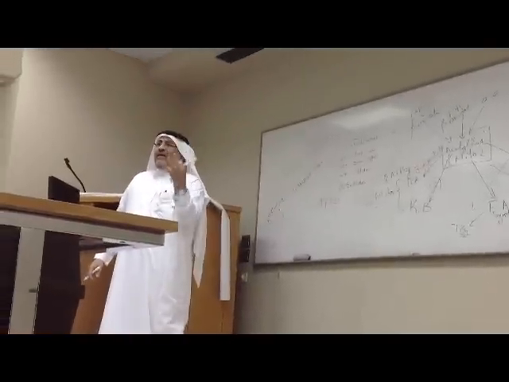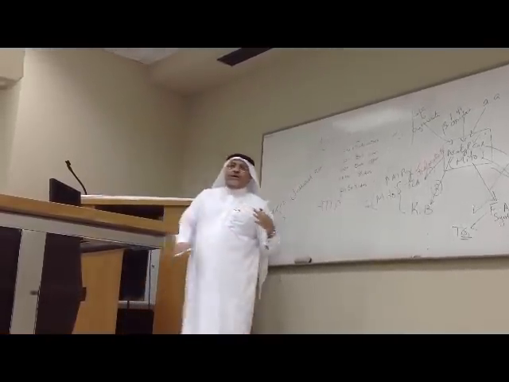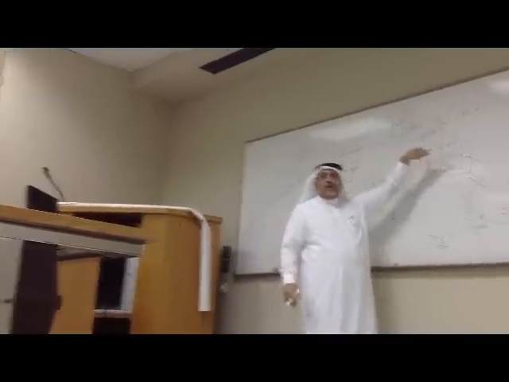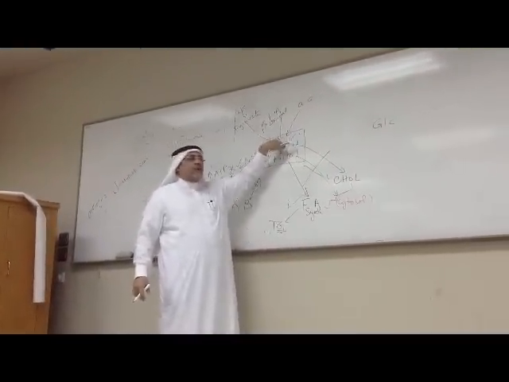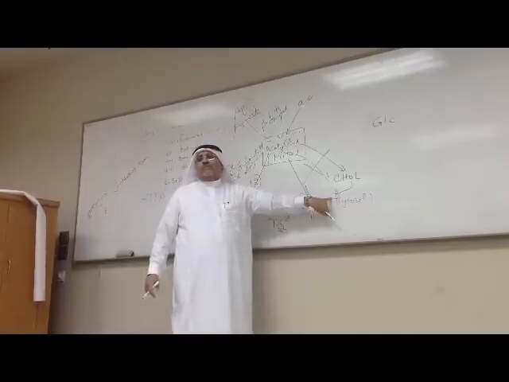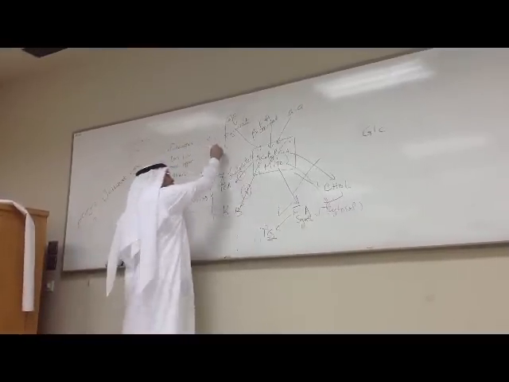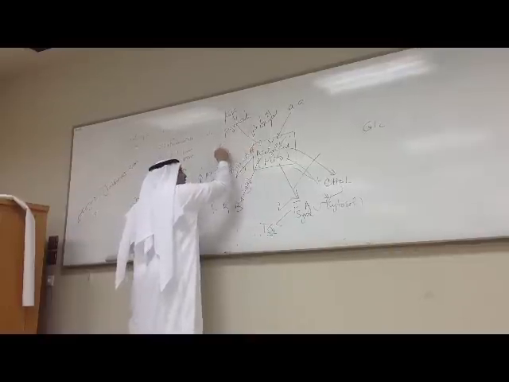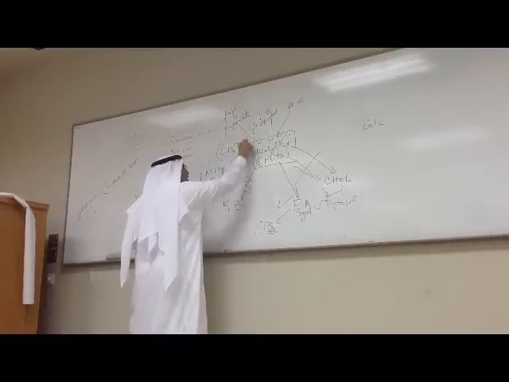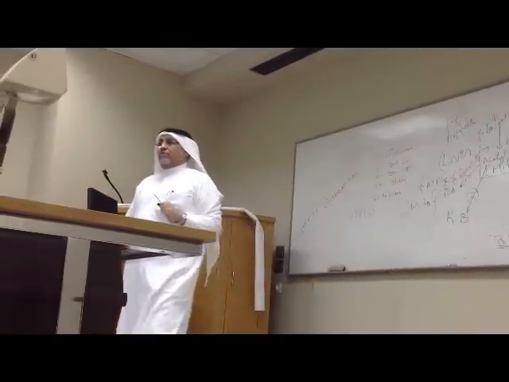Now the second case, which is starvation. In starvation, we said that this option, acetyl-CoA leaving the mitochondria going to the cytosol, is blocked. I should note that all we are talking about now is the liver. This is very important.